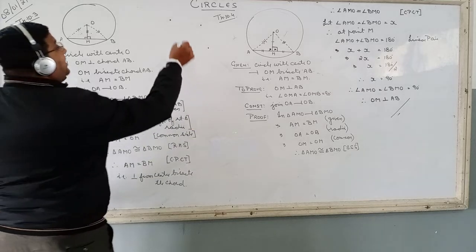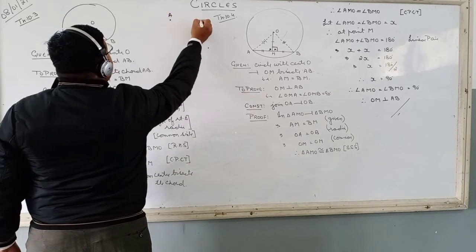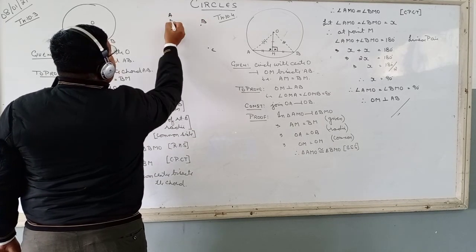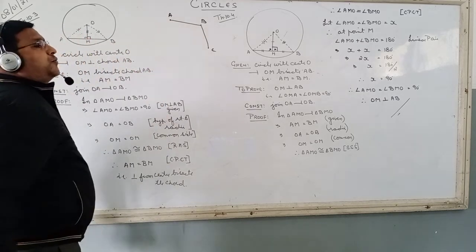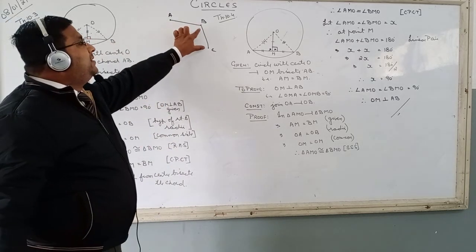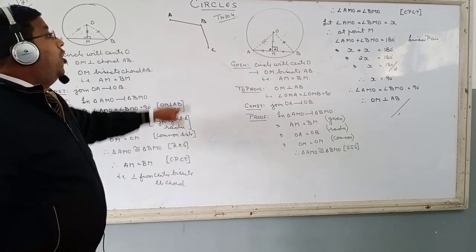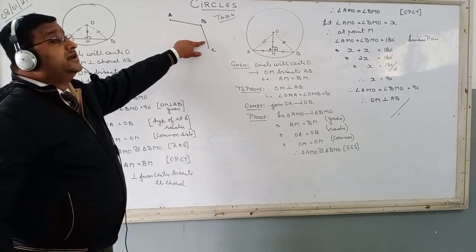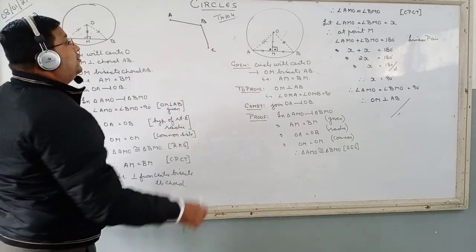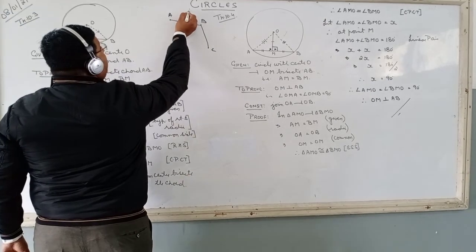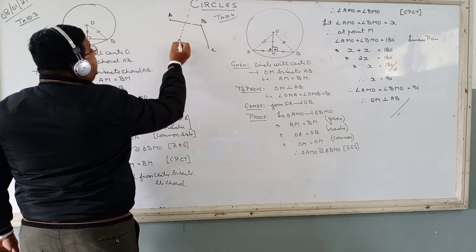Right. Join them. If we join these points A, B, C, let these be the chords of a circle, AB and BC, which are passing. So the perpendicular from the center bisects the chord. If I draw the perpendicular bisectors, you have done bisector of a line in class 7 and 8.